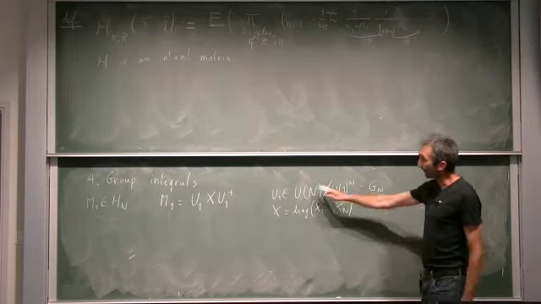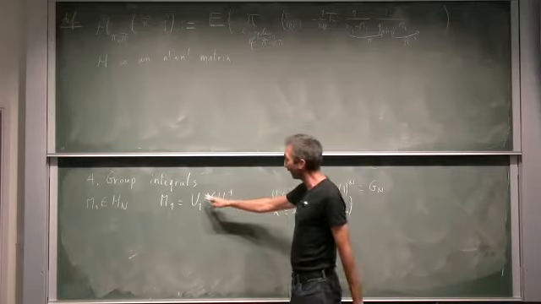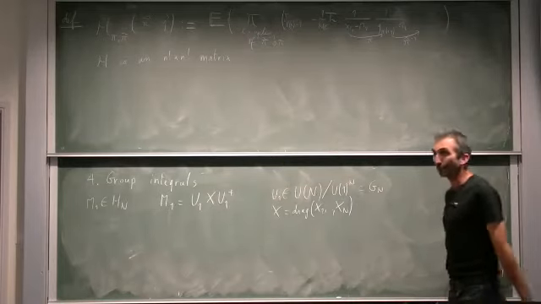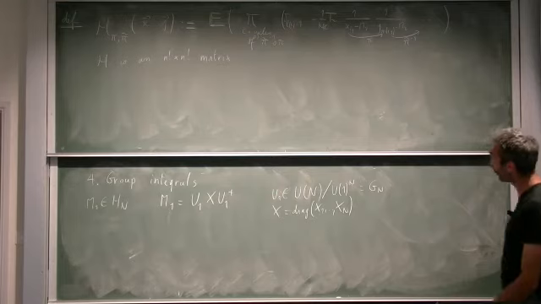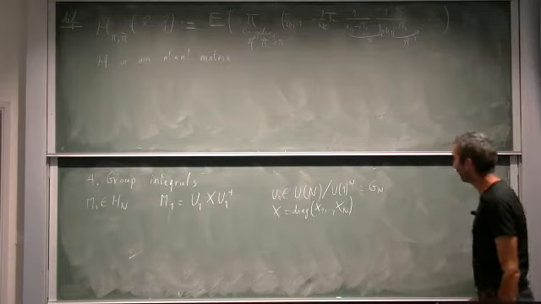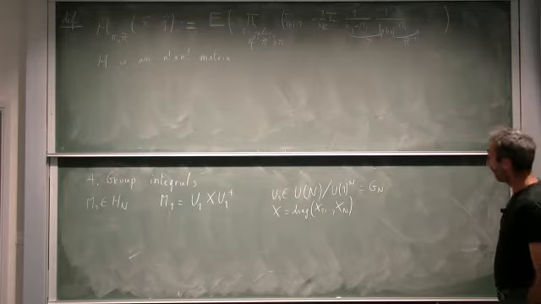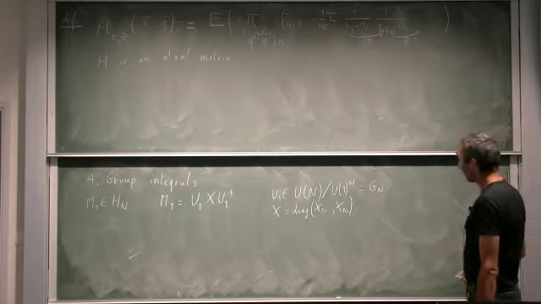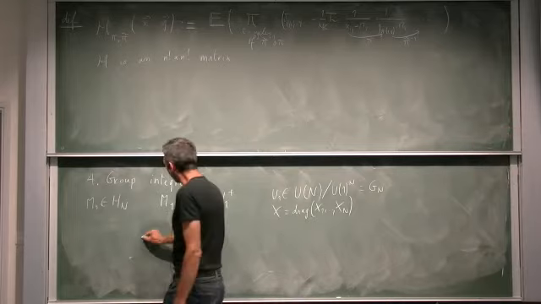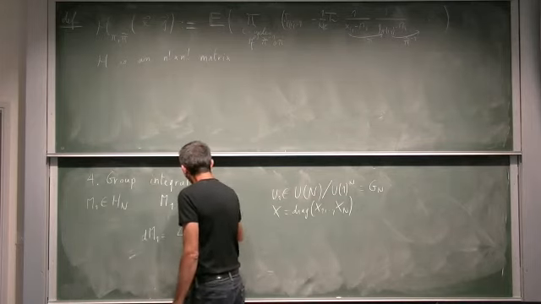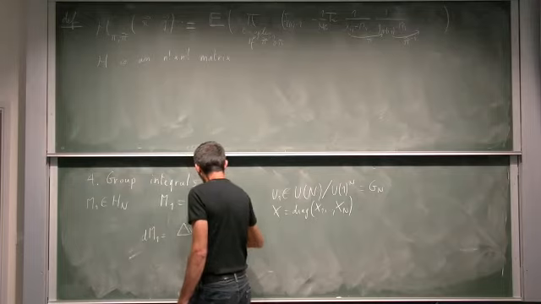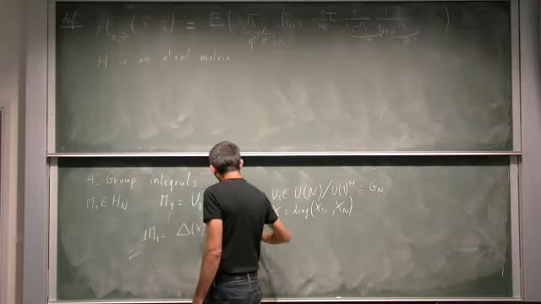Now the decomposition is not unique, but the non-uniqueness is discrete, and it's only up to permutation of eigenvalues. So the important thing is that the Lebesgue measure dM1 can be written as delta of x squared dx dU1.